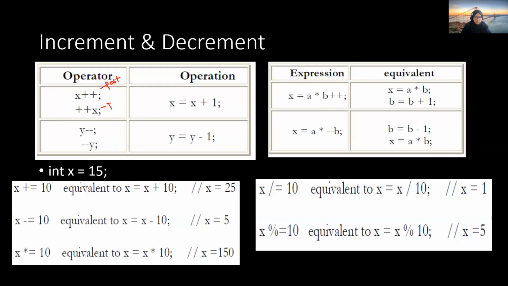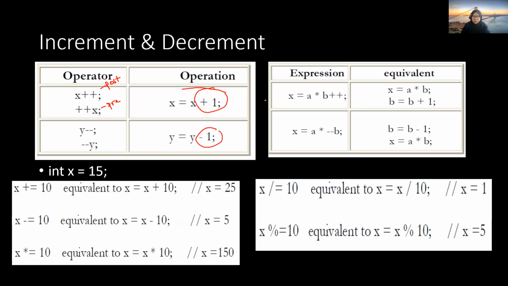And this is called pre increment. The same thing for minus minus y and y minus minus. If you have just x plus plus, it means it is increased by a value of 1. If it's double minus, it is decreased by a value of 1.